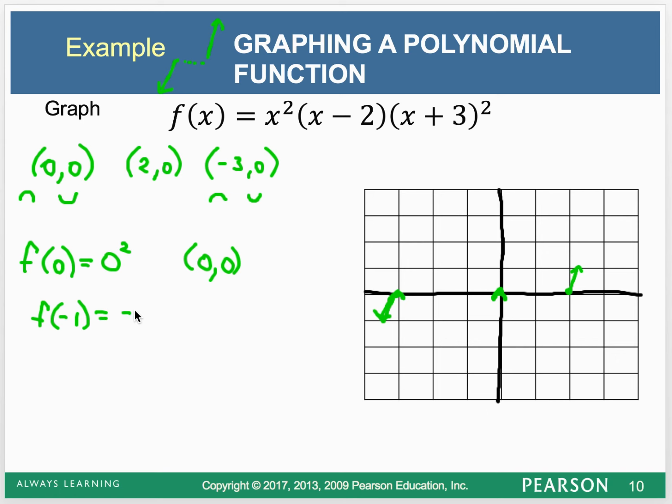But since it's all factored for us, -1 squared, and then -1 minus 2 is -3, and then -1 plus 3 is 2 squared. All right, so it's going to be negative, and I better get a negative or it's not going to fit my graph, so that's nice and reassuring. Okay, so this would be 3 times 4, so -12.